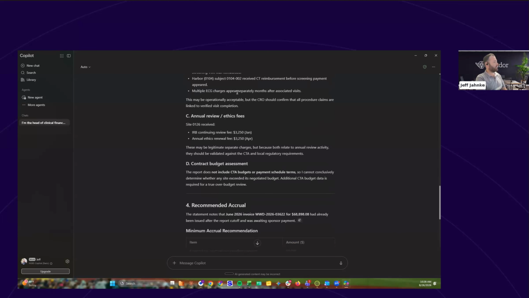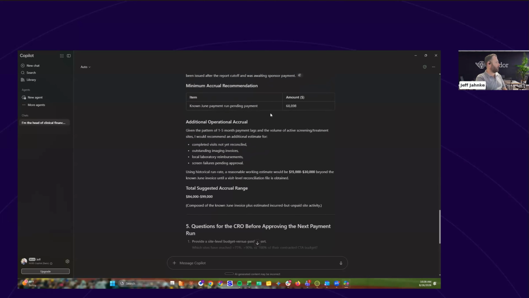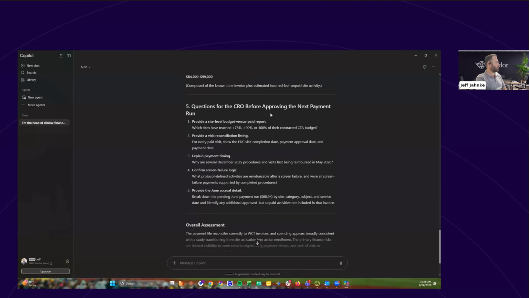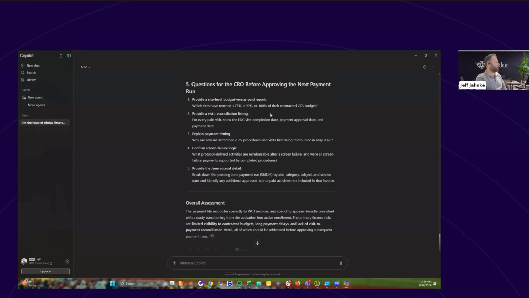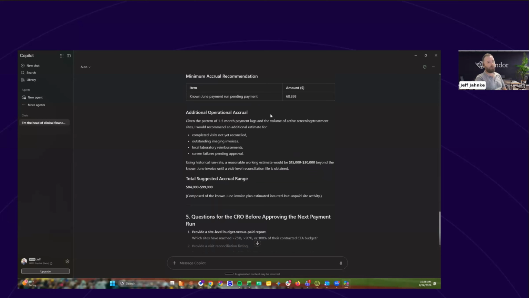Multiple ECG charges appear separately months after associated visits. What you're getting here is a really solid summary of what that file tells you, which, to be fair, if you were looking at that file on its own, you likely wouldn't be able to glean these types of insights as quickly as this was able to be generated.